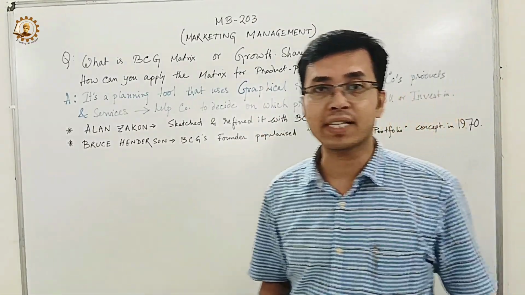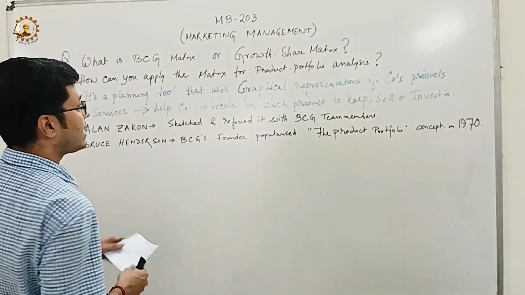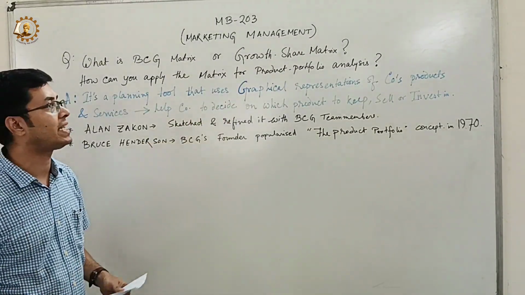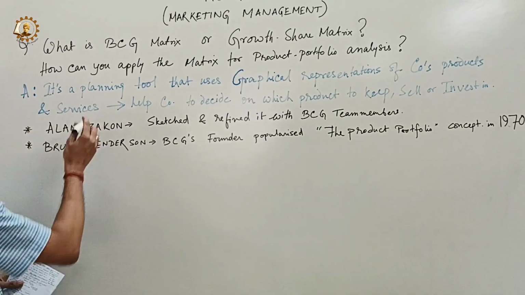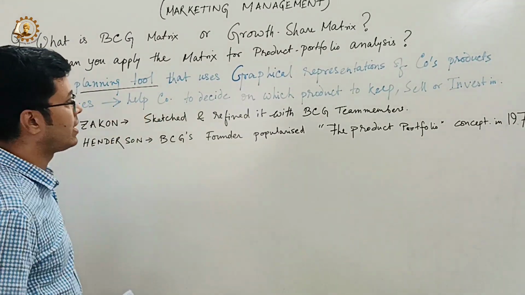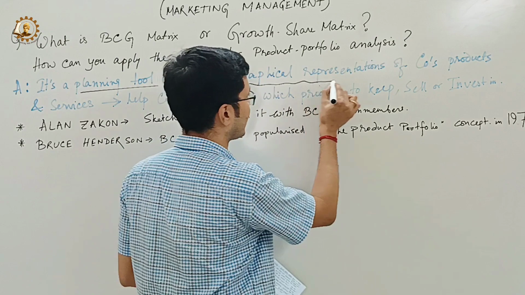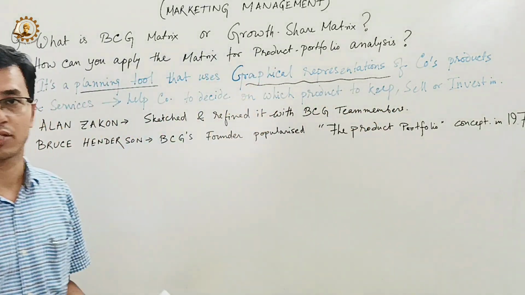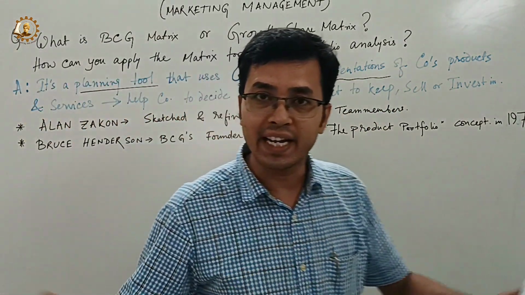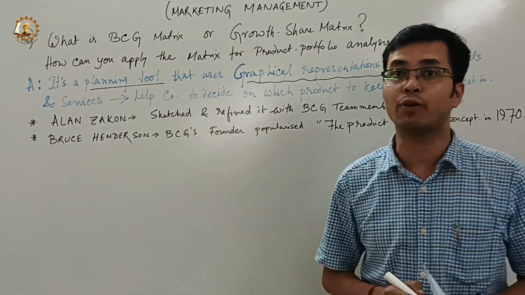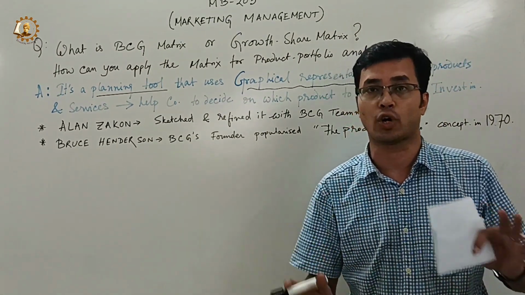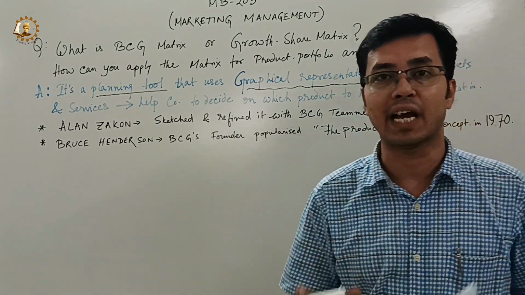What is BCG matrix? It is a planning tool that uses graphical representation of company's products. You have to remember, it's a planning tool first of all. A company has a wide range of product lines, a product portfolio, and they want to understand which product is doing well and which is not. Accordingly, they will invest and divest.